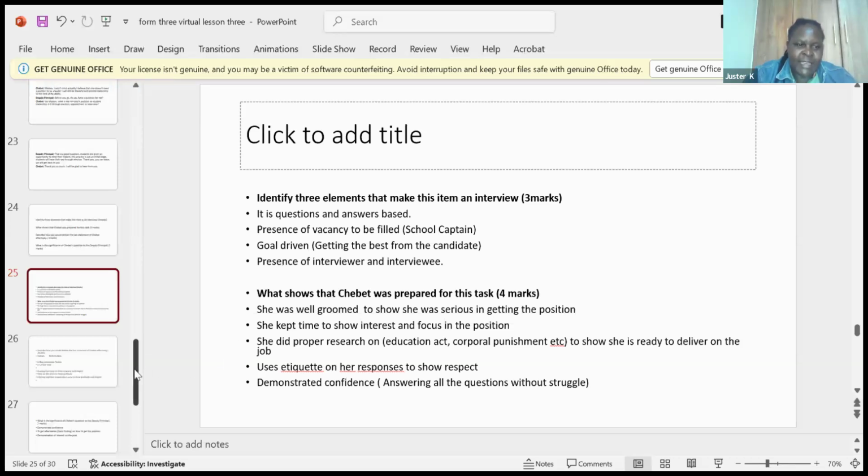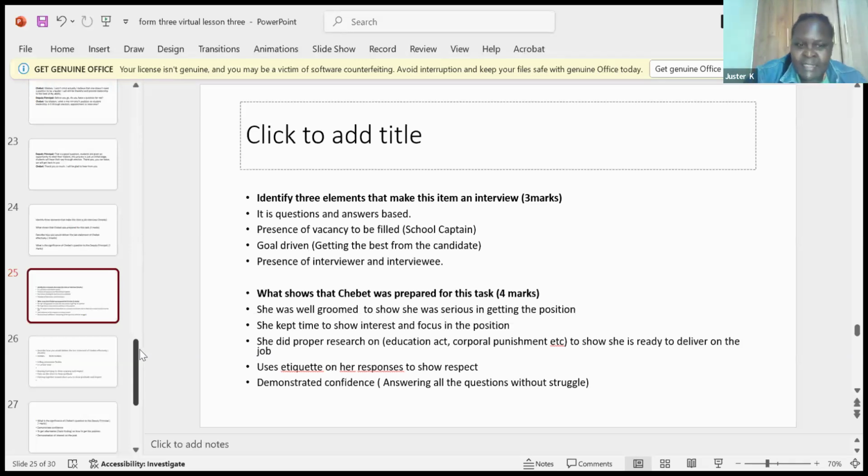Those are very key areas, just the simplest of them, to show us that this is actually an interview. There were answers like the one Alif gave, the issue of punctuality, that somebody is arriving at the venue on time. That one does not show it is an interview, but it shows that the interviewee was so much prepared for this task.